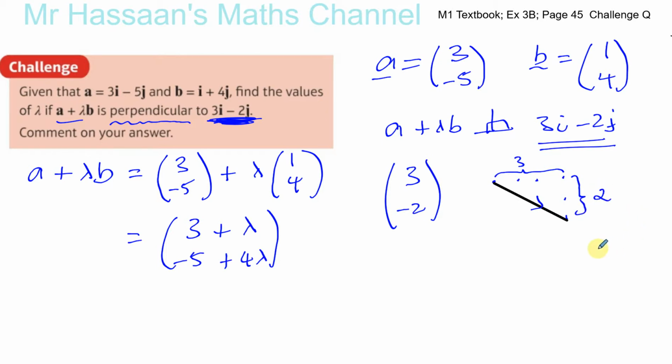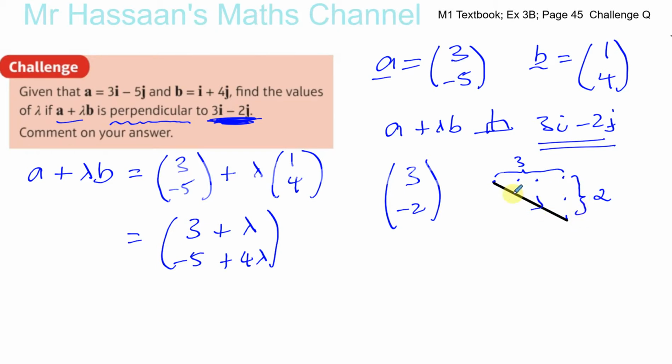Now we know something about parallel lines and perpendicular lines from the perspective of straight line graphs. We learned about straight line graphs. We dealt with parallel lines and perpendicular lines, and we learned that the gradients of two lines that are perpendicular, their product is -1, or we could say one of the gradients is the negative reciprocal of the other gradient.